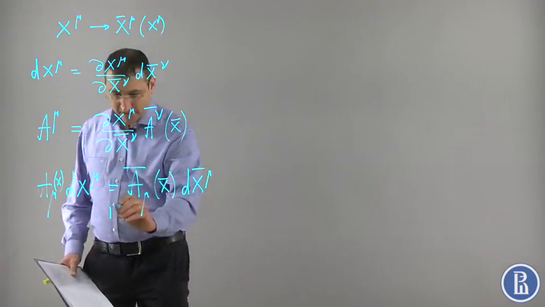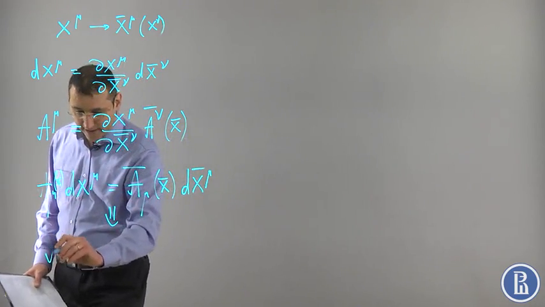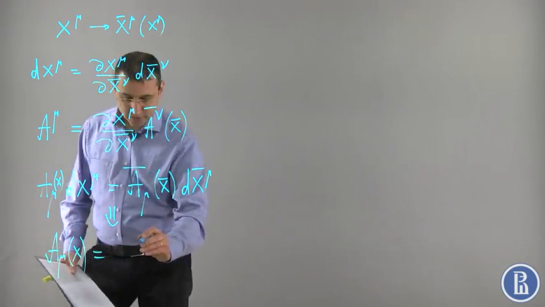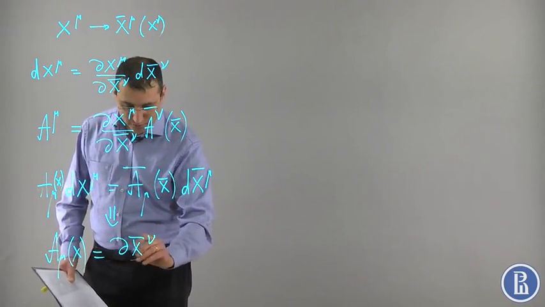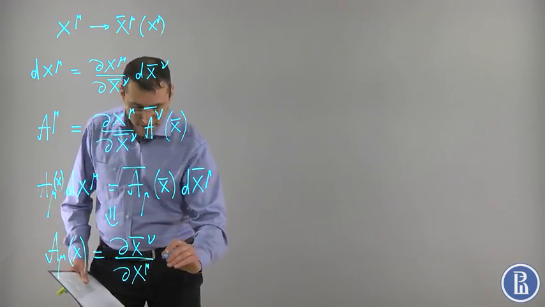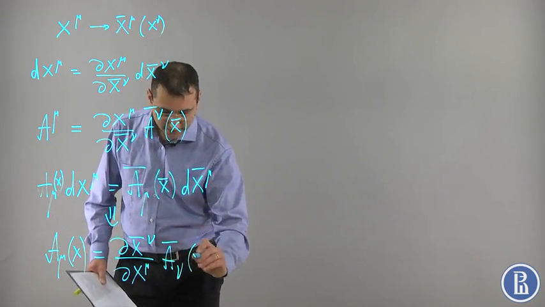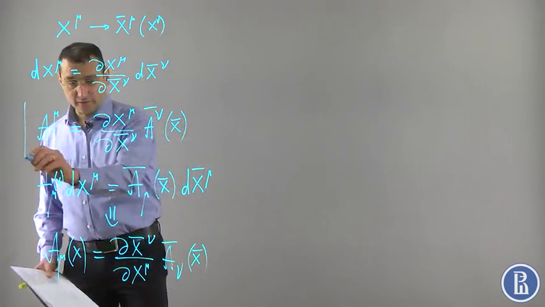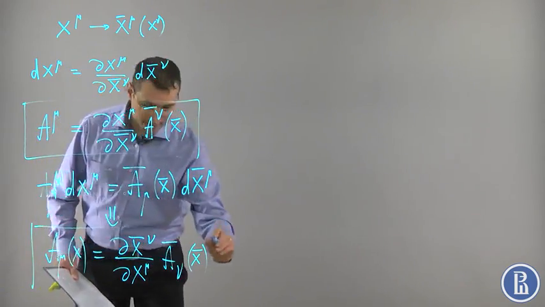As follows from this relation, we obtain that A mu of x is just dx bar nu divided by dx mu, times A bar nu of x bar. So this kind of vector is referred to as contravariant, and this as covariant.